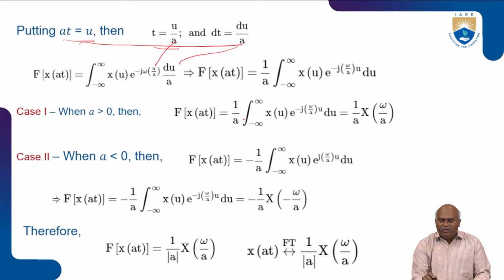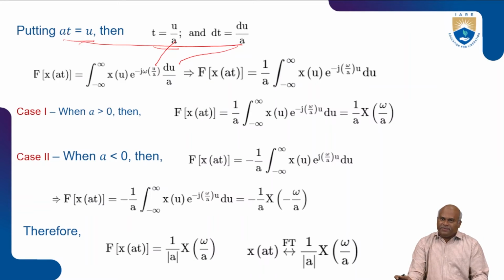Now we take out the constant. That means 1 by a, from du by a, is taken out of the integration, because it is not related to the u term. So we write 1 by a times the integration from minus infinity to plus infinity of x of u e power minus j omega by a u du.